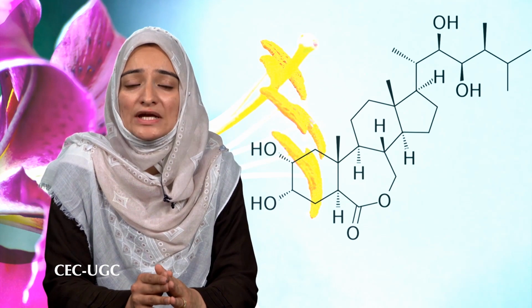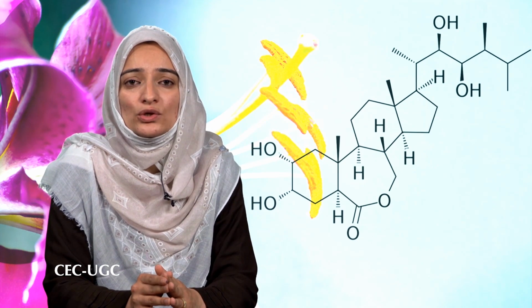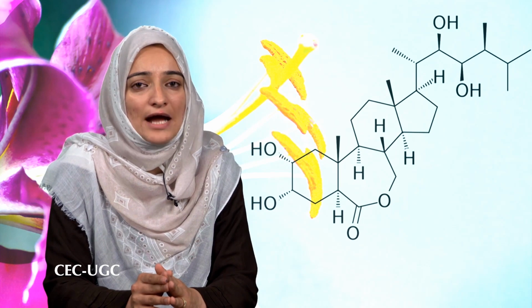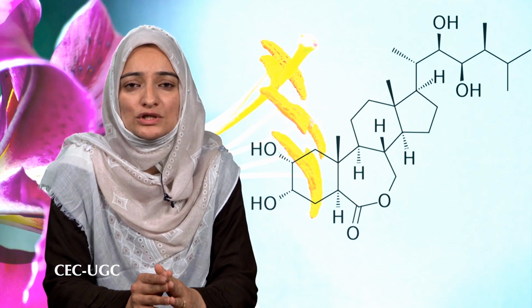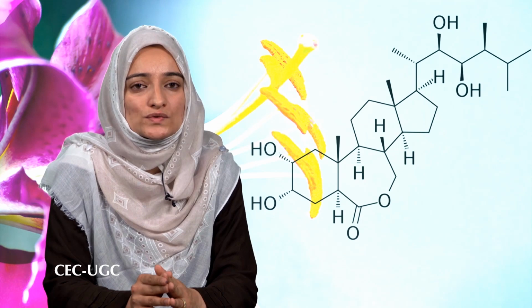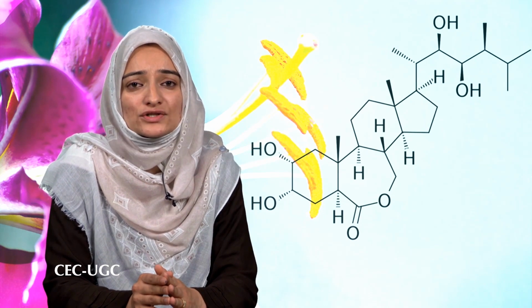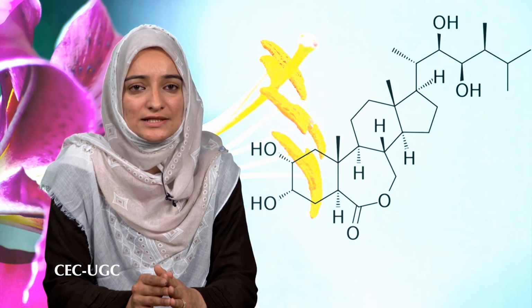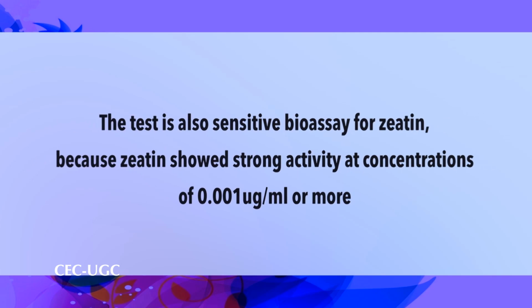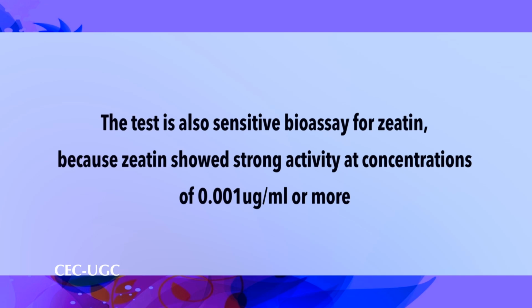Thus, the wheat leaf unrolling test can be used as a simple and rapid bioassay for brassinosteroids and may prove useful for differentiating between brassinosteroids and natural auxins in crude plant extracts. The test is also a sensitive bioassay for zeatin because zeatin showed strong activity at concentrations of 0.001 microgram per ml or more.